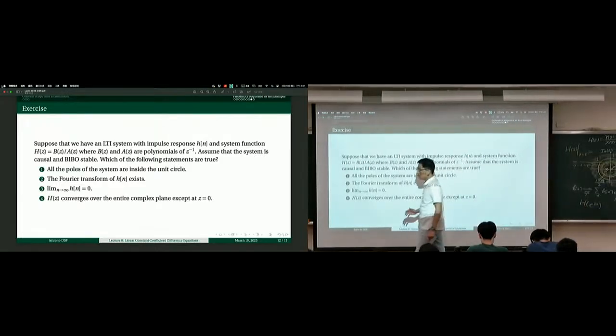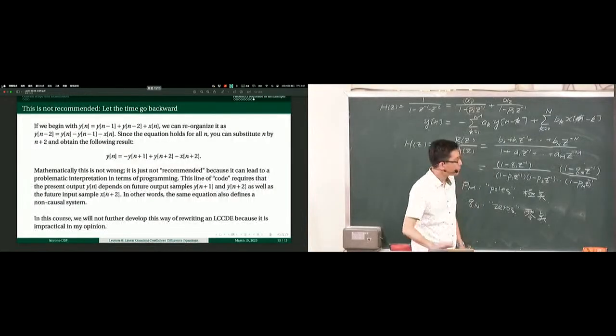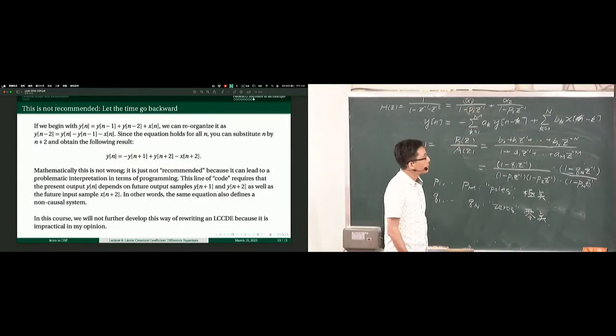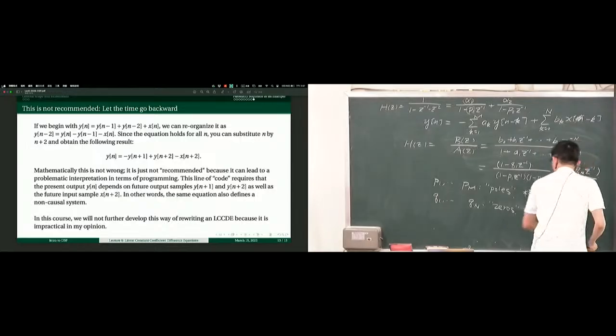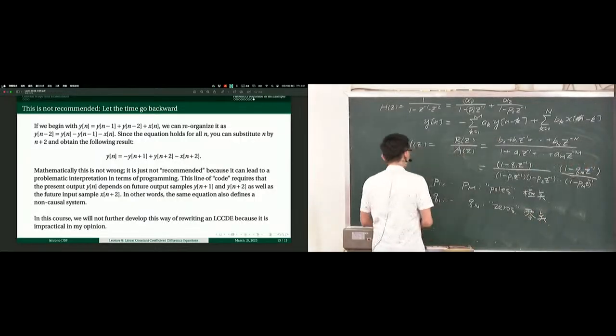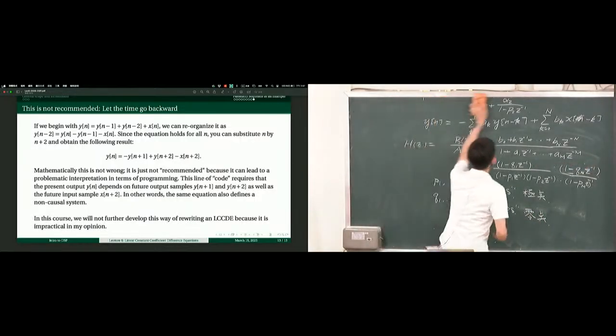So there's one last slide before we leave. This is a tricky slide. Take a look. I need some room here, so let me erase a few things.